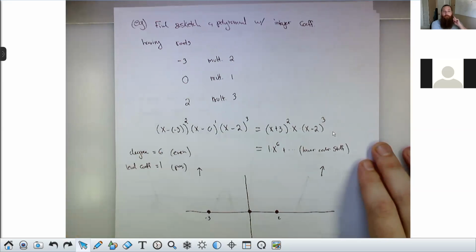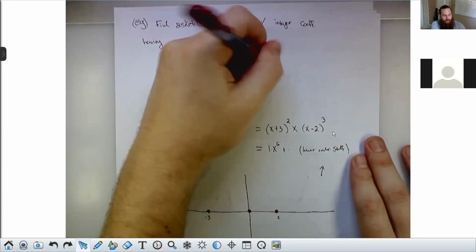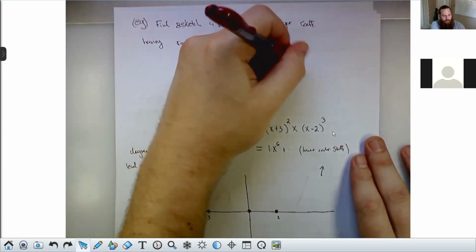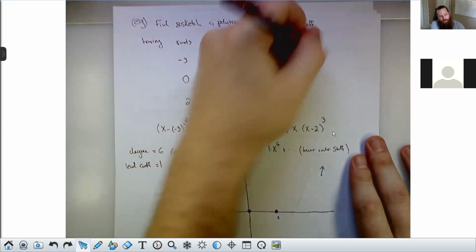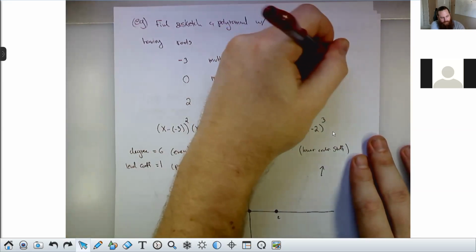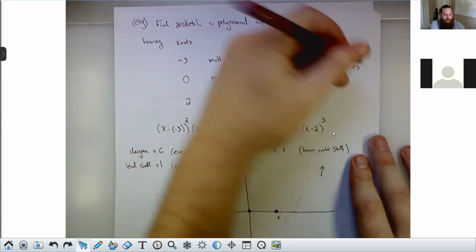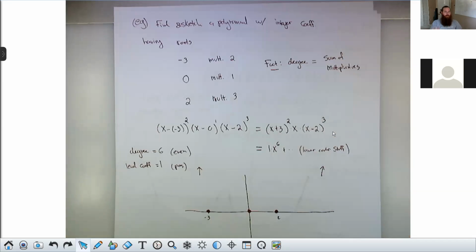How did I get the degree? A nice fact: the degree is always the sum of the multiplicities. That's the easiest way. But you could also think about multiplying all this out. If I multiplied this out, the highest order term would be an x squared.